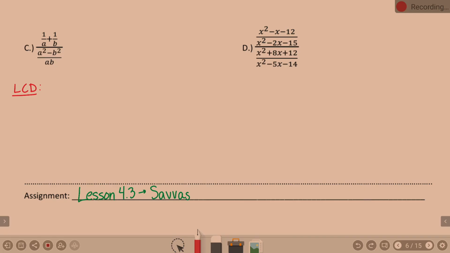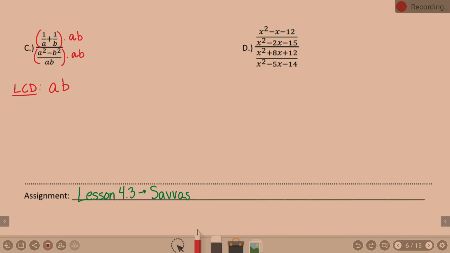On top, we have an A. We have a B. Okay? Down here, we have an AB. Well, what do you get when you take A and B and multiply them together? AB. Okay? So my common denominator I'm going to multiply everything by is AB. So we'll multiply the numerator by AB and denominator by AB.